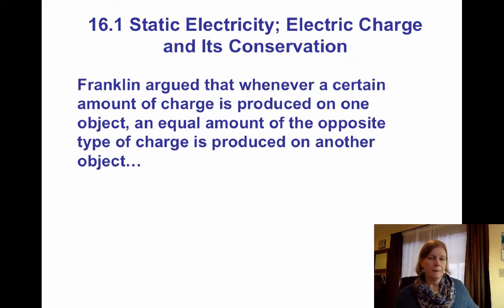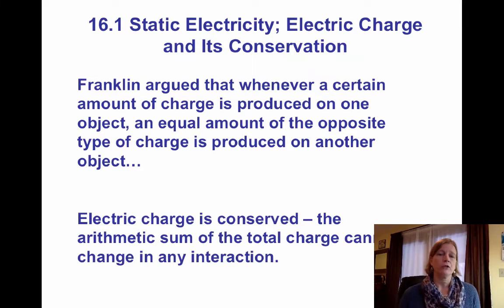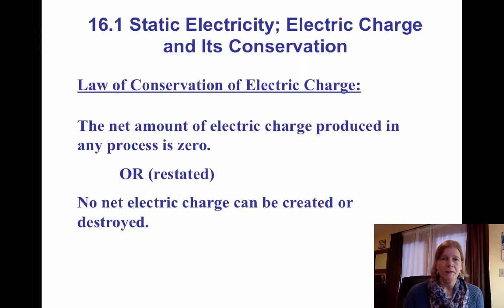So the impact of that is that electric charge is conserved. Another way to say that is that the net amount of electric charge produced in any process is zero, or no net electric charge can be created or destroyed. So you just have to be careful with the wording. It's no net electric charge can be created or destroyed. If I get extra electrons over here, I'll have a deficit of electrons, or extra positive charge, over here.